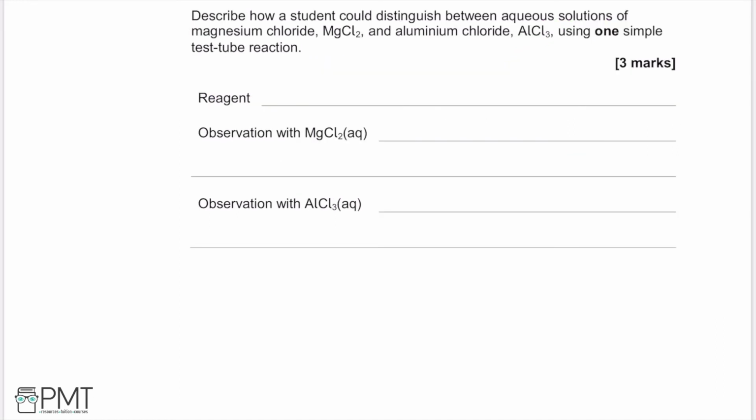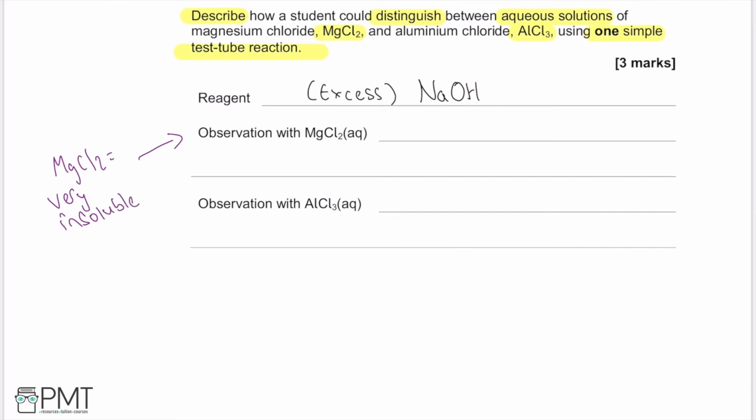Moving on to the second part of the question, we are asked to describe how a student could distinguish between aqueous solutions of magnesium chloride, MgCl2, and aluminium chloride, AlCl3, using one simple test tube reaction. We cannot use the test for chloride ions, as they are both present in these compounds. From fact recall, we will want to carry out a test using excess NaOH.